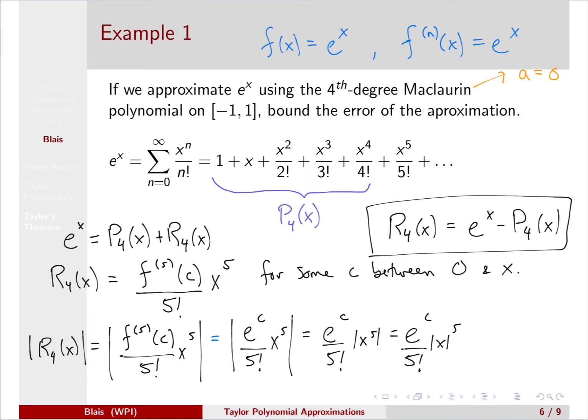And if we want to make things a little bit easier on ourselves numerically, we know that e is pretty close to but less than 3. So why don't we note that this is less than or equal to 3 to the c over 5 factorial times the absolute value of x to the fifth. And this is bigger than the size of our error.